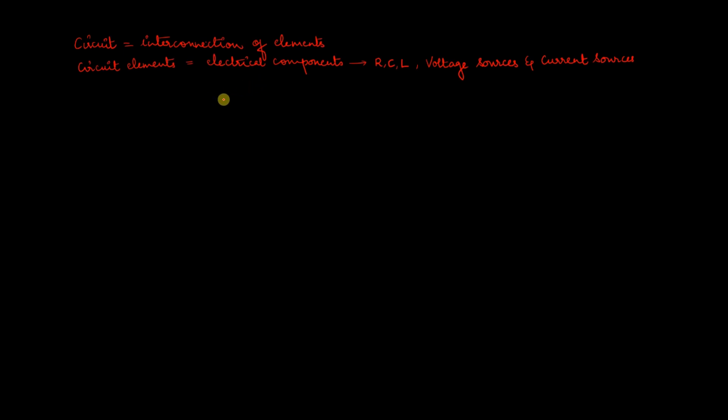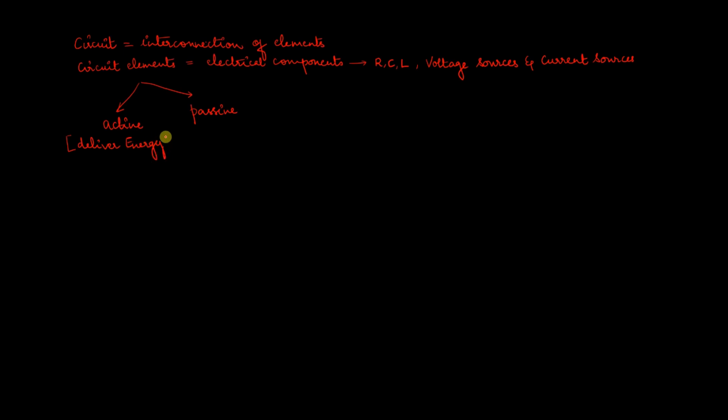Now, based on the capability to generate energy, these circuit elements can be classified as active elements and passive elements. The active elements are the ones which are capable of delivering energy to the external devices.